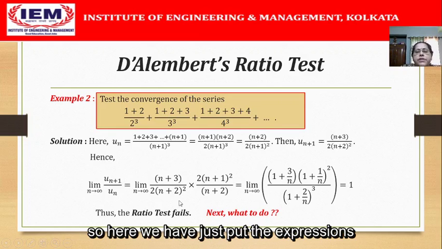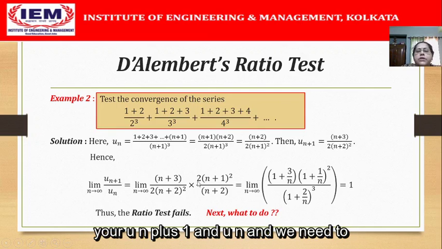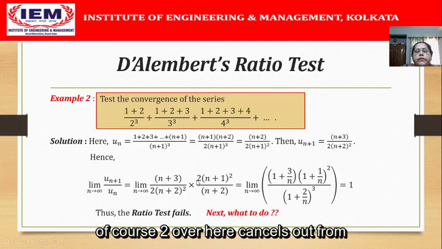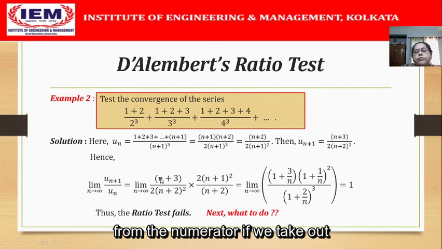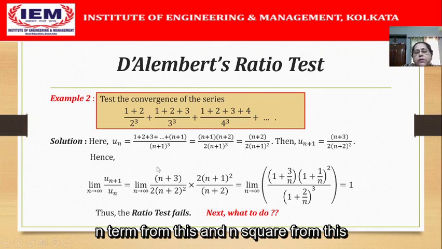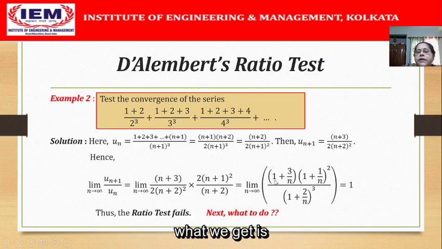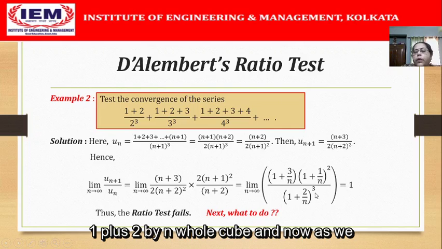So here we have just put the expressions for un plus 1 and un, and we need to simplify. Of course, 2 over here cancels out from the numerator and the denominator. And from the numerator, if we take out n term from this and n square from this, similarly again from the denominator, what we get is 1 plus 3 by n, 1 plus 1 by n whole square, 1 plus 2 by n whole cube.